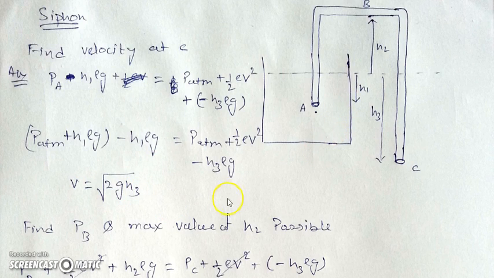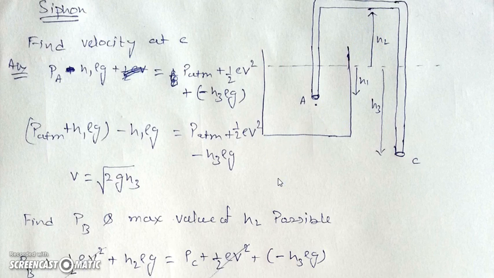In the next part we have to find PB, the pressure at this point, and the maximum value of H at which we can take this pipe from this point, so that the flow still continues.